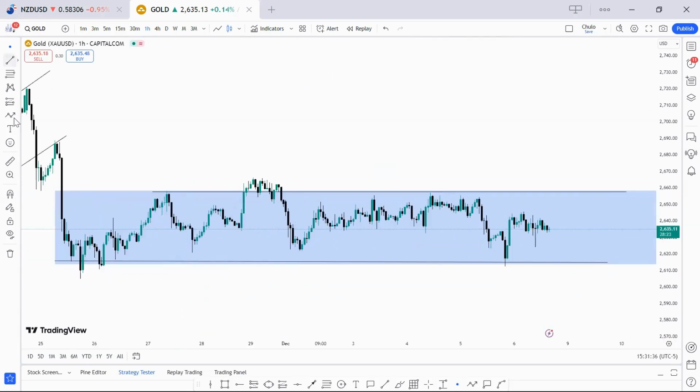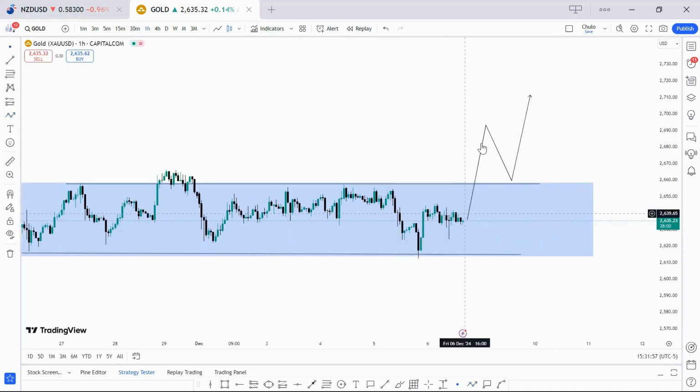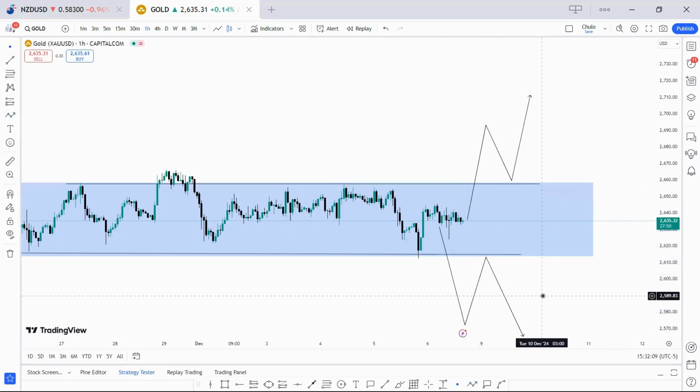For instance, if we get a breakout on this level, invalidating our resistance level, what do we expect next? We expect price to come back for a retest of this invalidated level and then keep pushing up. If we have a break below, we do the opposite: we expect price to break below, retest, and then continue going down.